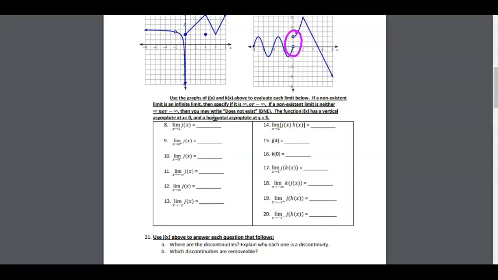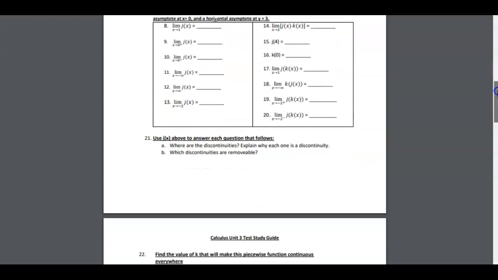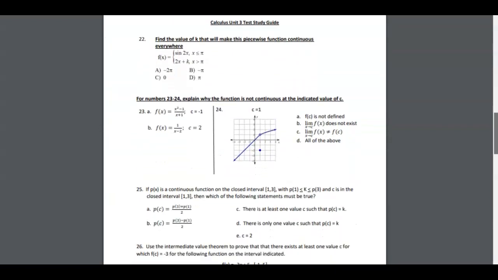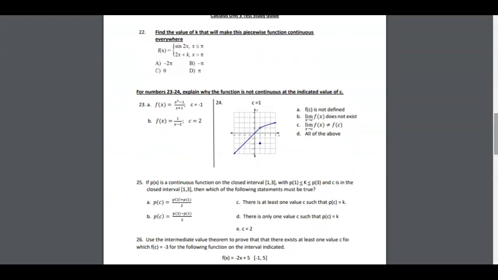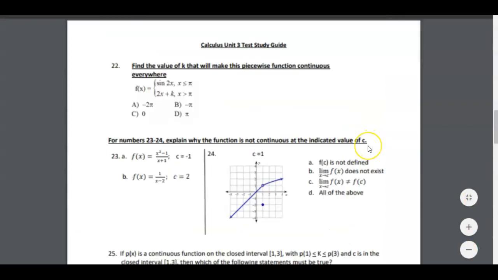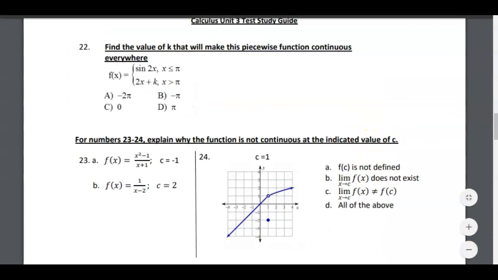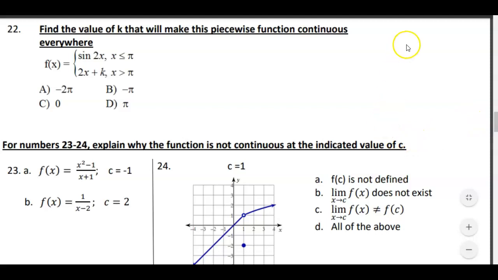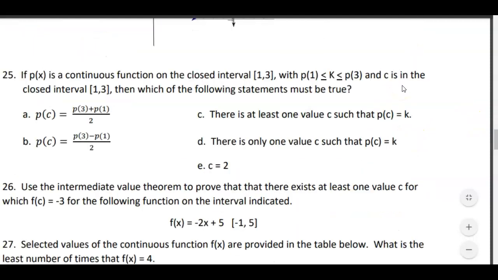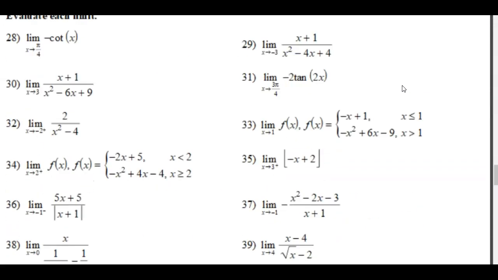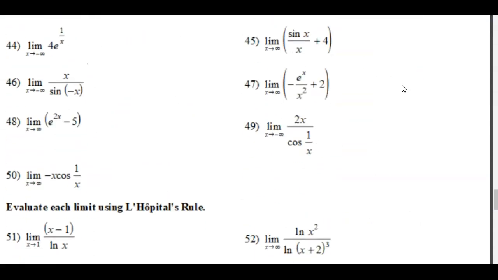All right. So that takes care of the limit questions pertaining to graphs. Now we move on to just a hodgepodge of other things. The next few questions are, like I said, just a bunch of random things that we've learned. I couldn't really find a way to organize this in any meaningful way. The next big group of things we're going to look at is numbers 28 through 50.